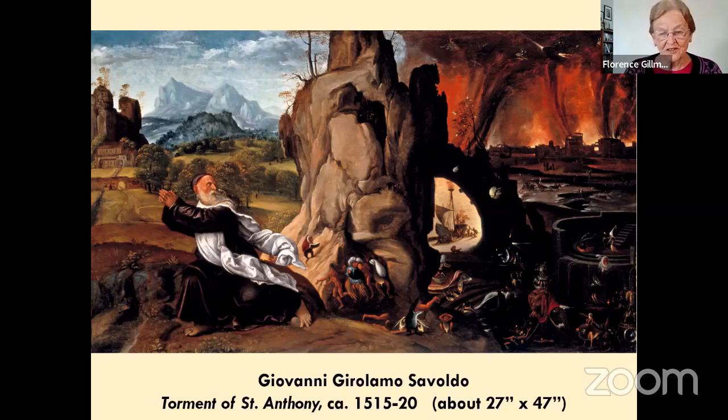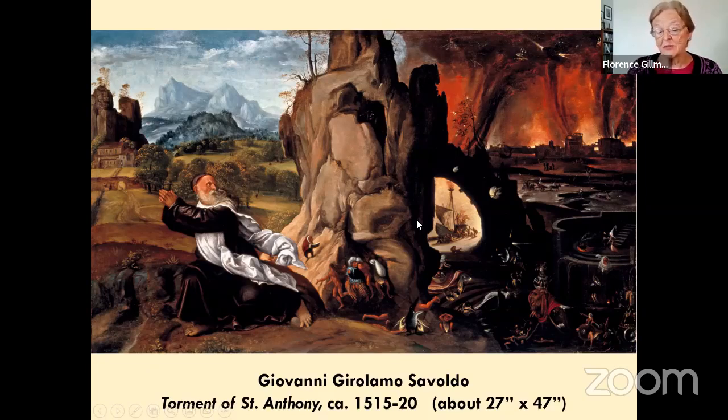In the center, the division between the two sides of the picture, dark and light, is a rock formation, which I believe at the top here and at the bottom, the artist intended to be cave-like. So these details will figure into the story of Anthony, which I'm going to tell you.